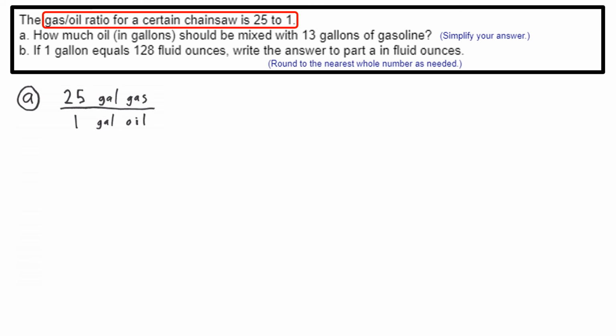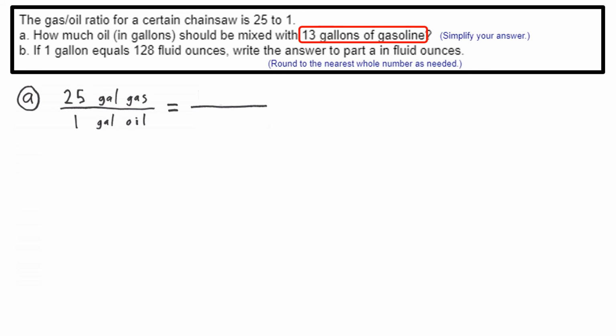We're writing gallons of gas and gallons of oil. We actually could use any unit at that point, but since our question is in gallons, that's how we'll proceed. What do we write on the right side? It's telling us that there's 13 gallons of gas. Does that go on the top or on the bottom?